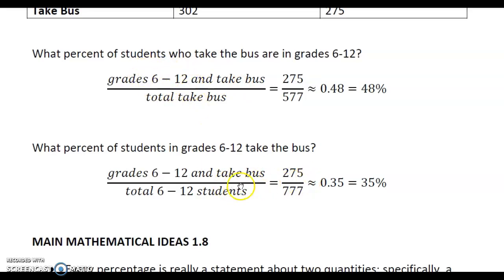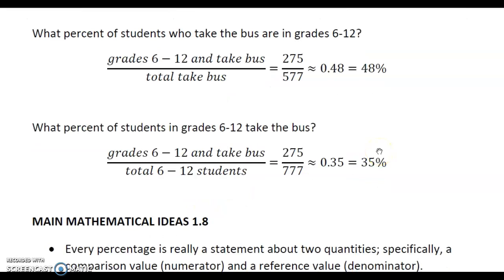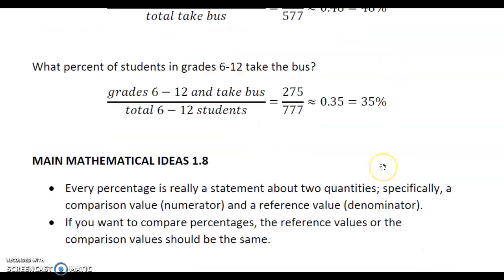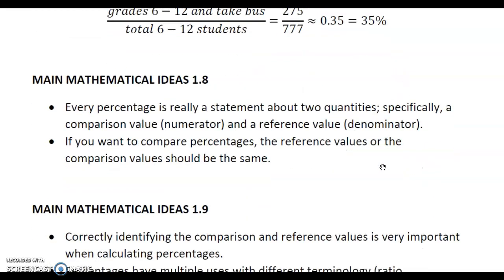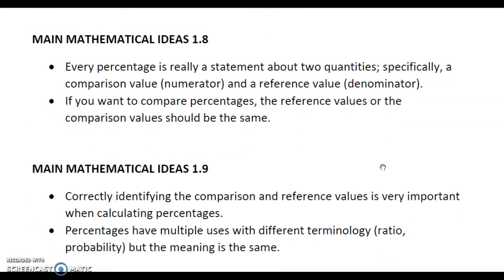But then we could think about, if I want to just focus on the older students in grades 6 through 12 and know what percentage of the older students are taking the bus, 35% of the older students are taking the bus. Most of the students in grades 6 through 12 are getting dropped off at school. So I could talk about the comparison between those two percentages because the numerators represent the same thing.